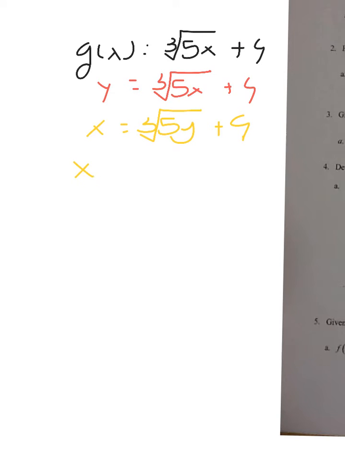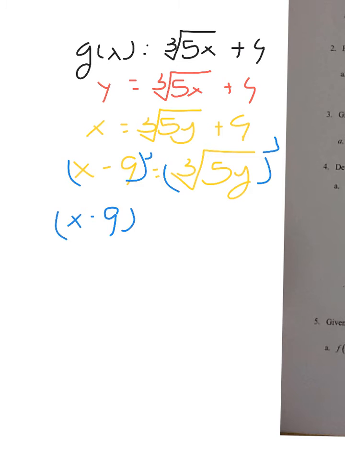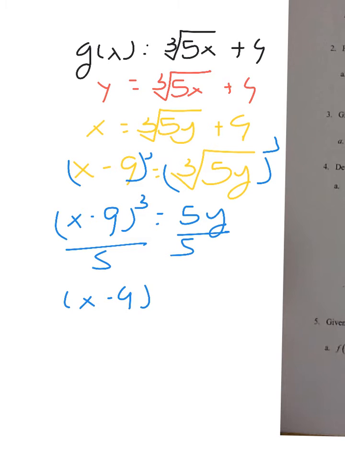So it's x minus 9 equals the cube root of 5y. To get rid of a cube root, you cube both sides. So I have x minus 9 cubed is equal to 5y. Divide by 5. So I get x minus 9 cubed over 5 is equal to y.